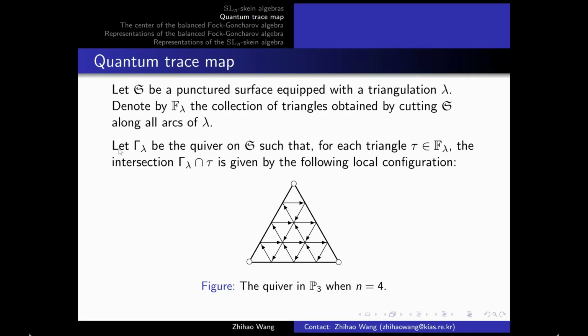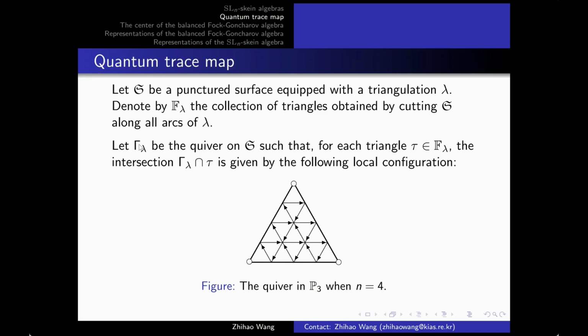We use gamma lambda, a quiver on the surface S, such that for each triangle tau in this collection, the intersection of gamma lambda and tau is given by this picture. So for every triangle, it looks like this. This is just the local picture in one triangle. This is the picture for n equals 4. Then you can imagine the picture for general n.